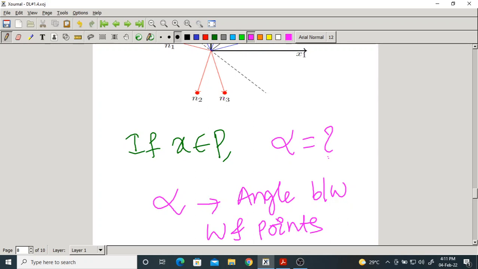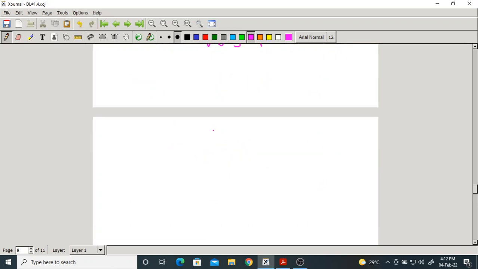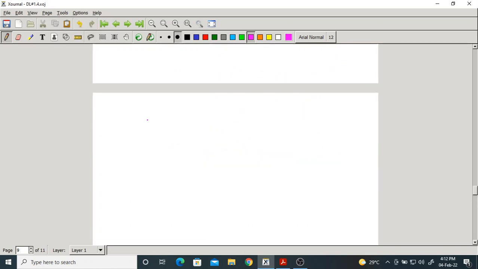When x belongs to P, meaning positive, W transpose x should be greater than or equal to 0. If it is positive, what about cos alpha?